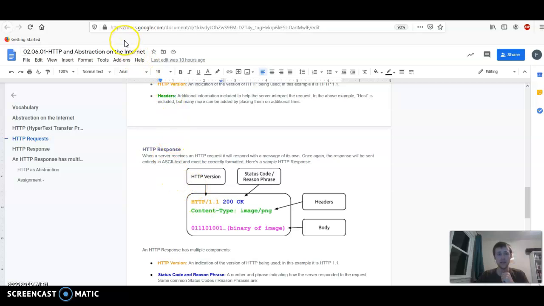You know that it is engaged because you'll see a little lock up here in the top, and you'll see HTTPS instead of just HTTP. And what this does is it engages either SSL, which is an older protocol that's not used as much, or more likely, it engages TLS, Transport Layer Security.